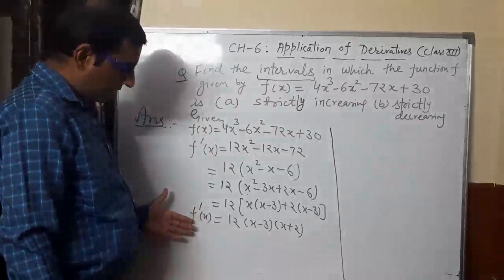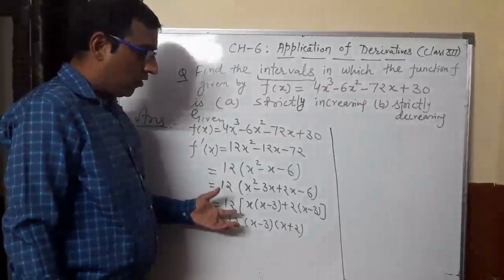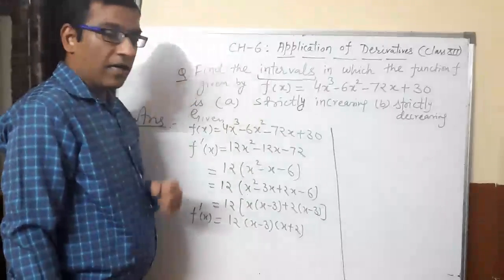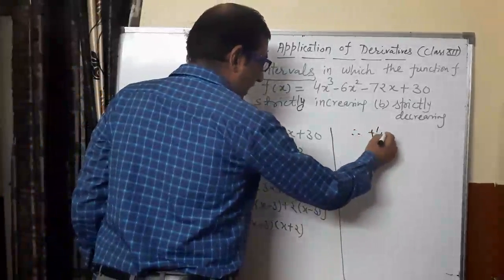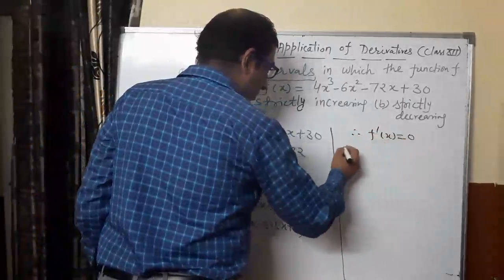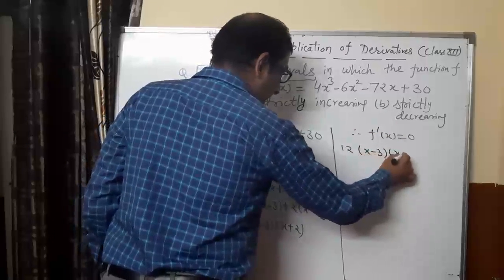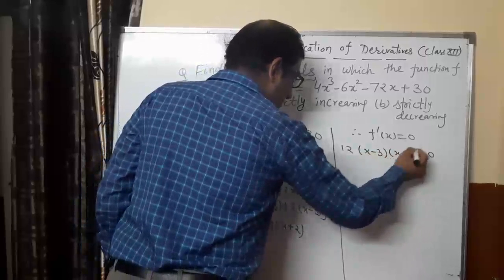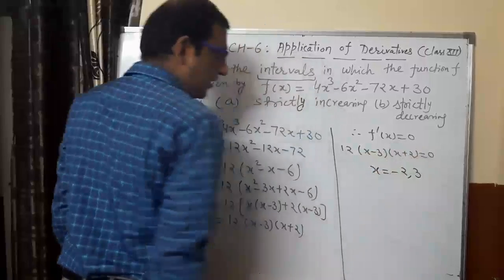After calculating f'(x), how can we identify the value of x, because we have to continue with the intervals? So we put f'(x) equals 0, so 12(x minus 3)(x plus 2) equals 0. When we solve it, we get x equals minus 2 and 3.